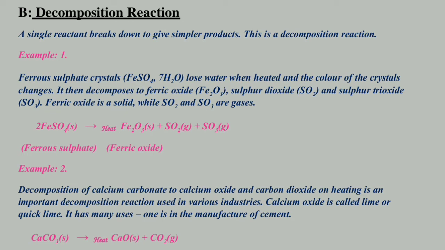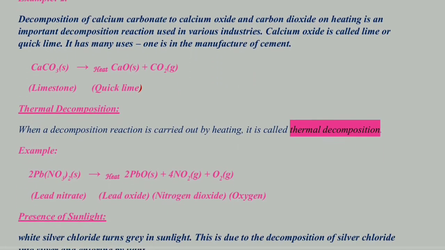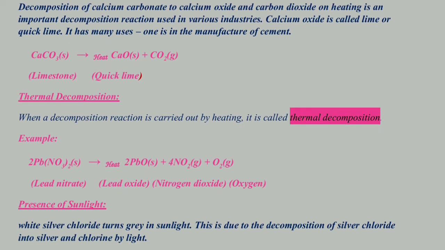Like CaCO3 in the presence of heat gives CaO in the solid form and CO2 in the gaseous form. So this is the decomposition of calcium carbonate. In this reaction we can see that limestone decomposes into quicklime.